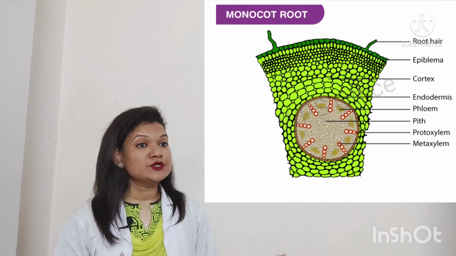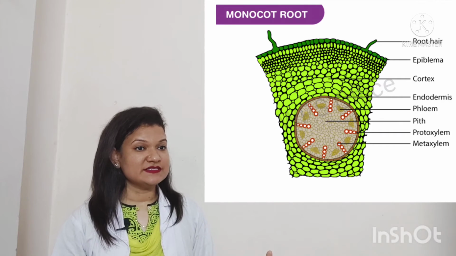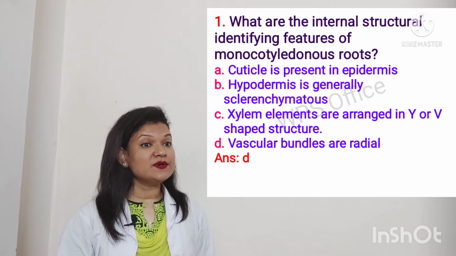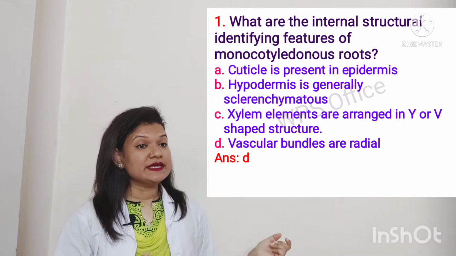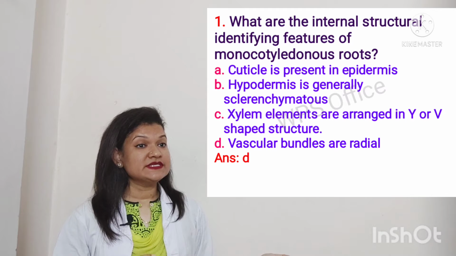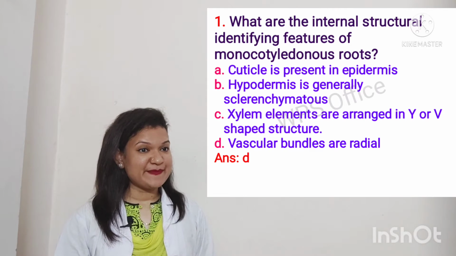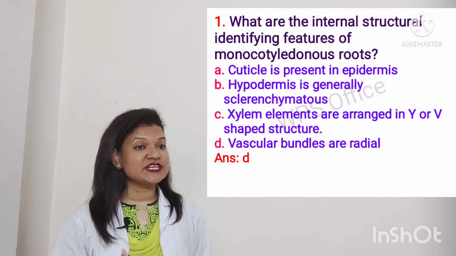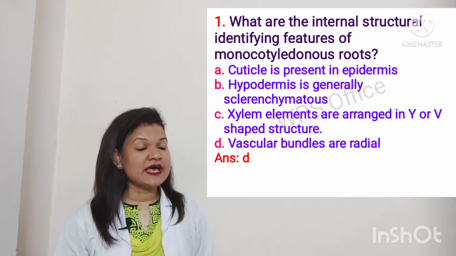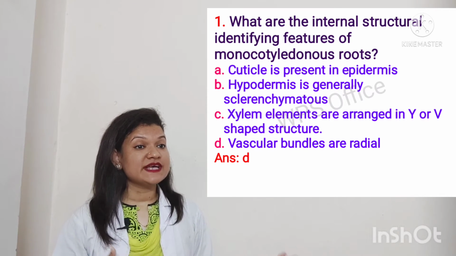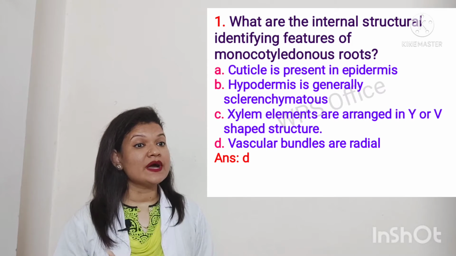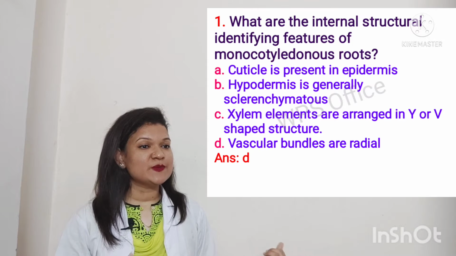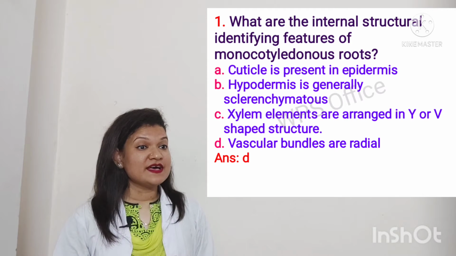Now I will go to the question's answer. What will be the answer? In our question, A is cuticle is present in epidermis, B is hypodermis is generally sclerenchymatous, C is xylem elements are arranged in Y or V shape structure, and D is vascular bundles are radial.